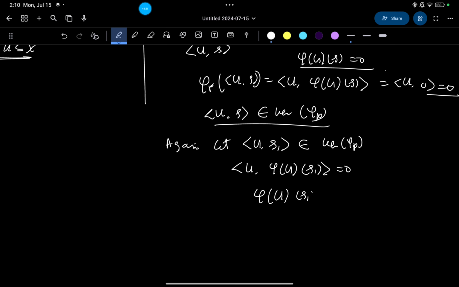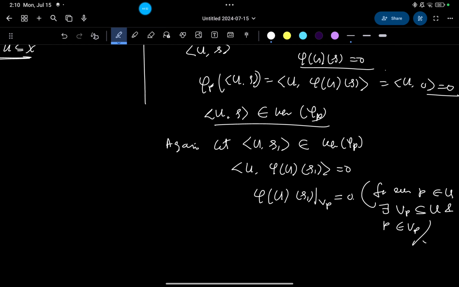So phi u of s1 restricted at Vp is 0, and I can vary p. For every small p belonging to capital U, there exists Vp subset of U with p belonging to Vp.